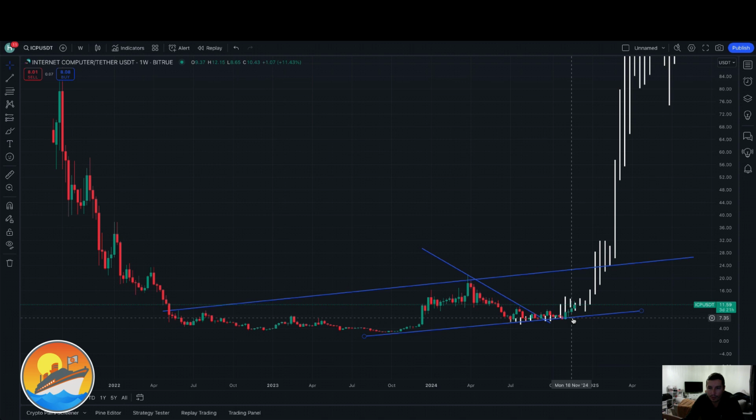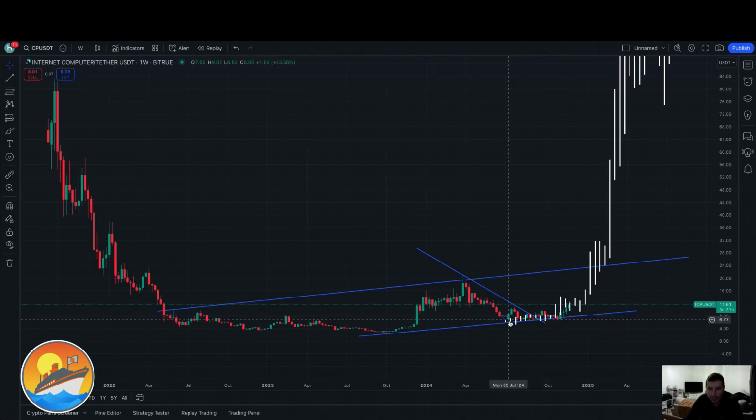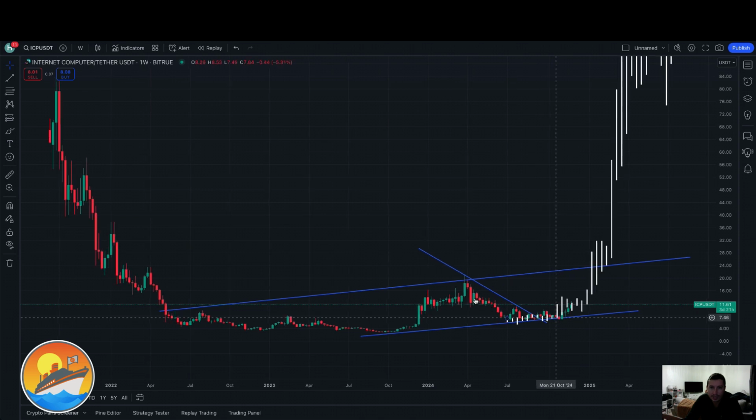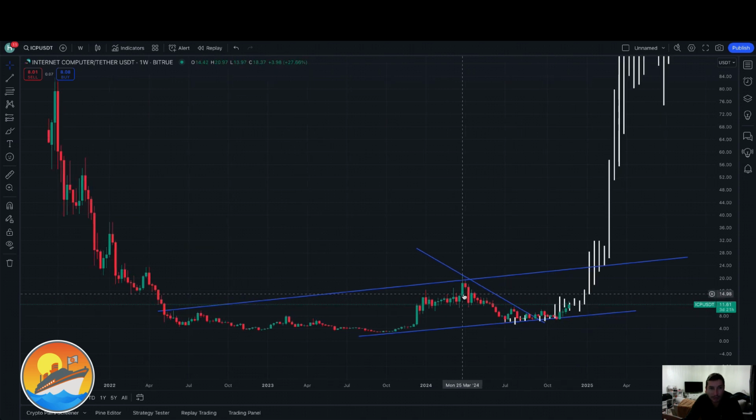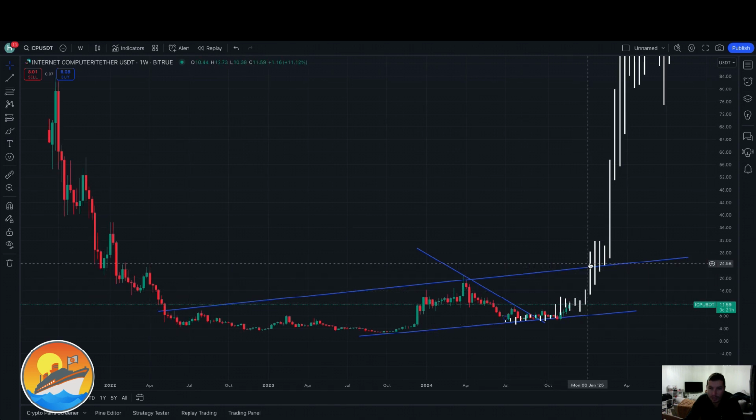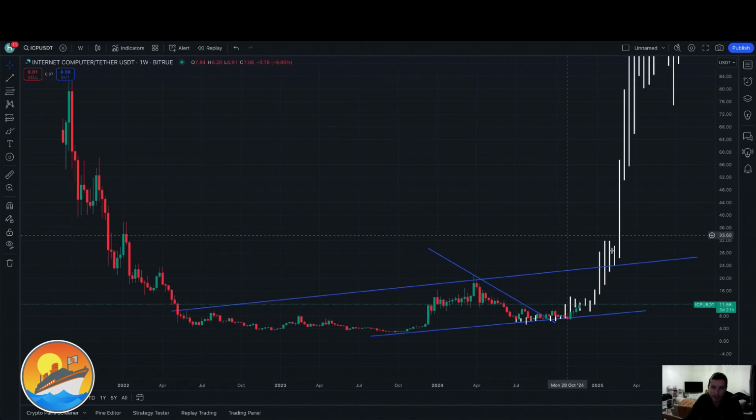From here, we were consolidating for quite a bit between prices of $6 and $7. I'd like first to take out this local top at a price of around $21. If we have the strength, go above it and potentially break out of this resistance line at around $25, perhaps consolidate. We clearly see there's no resistance, there's just one downward momentum, and this is potentially what can happen, like a huge V-shaped recovery.